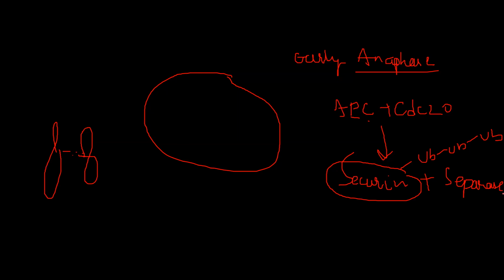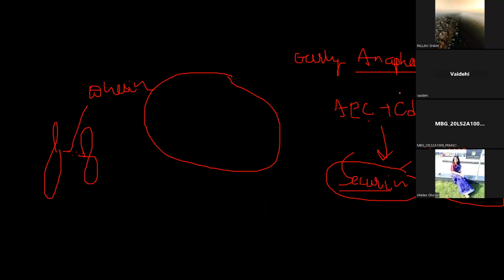So separase is acting as an enzyme here, and securin is inhibiting the separase. Separase actually degrades the cohesin, but with securin, it is inactive. So that's why the anaphase promoting complex does the degradation of securin by ubiquitination. We just discussed the ubiquitination.